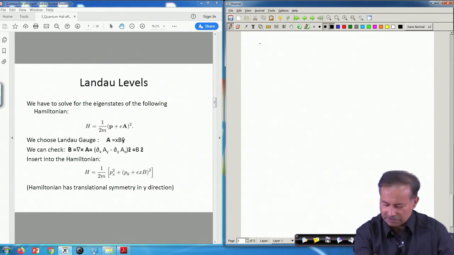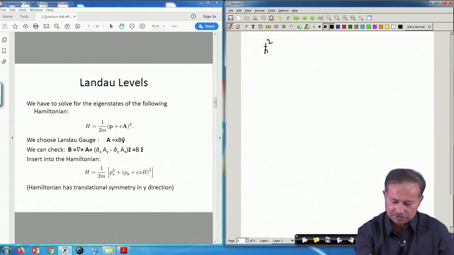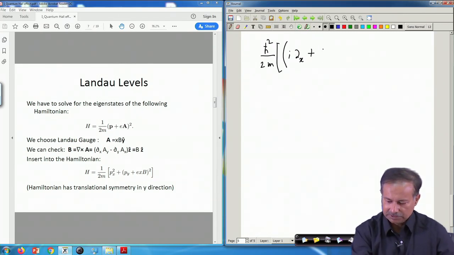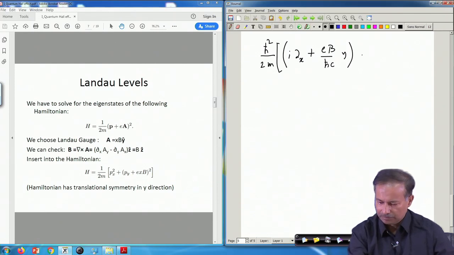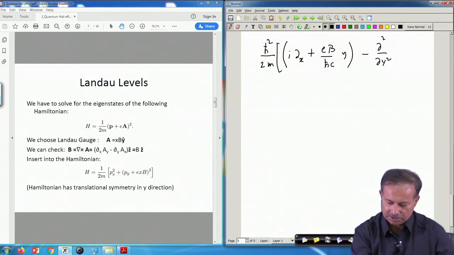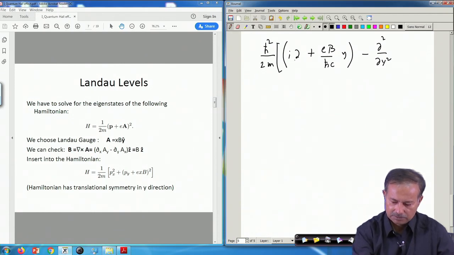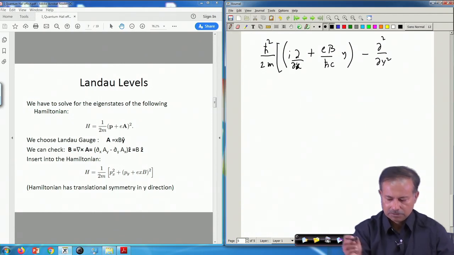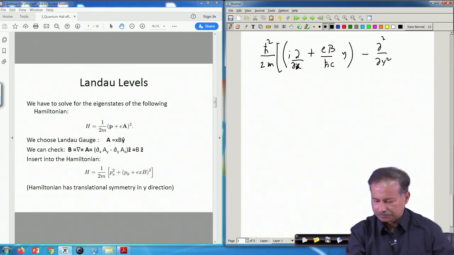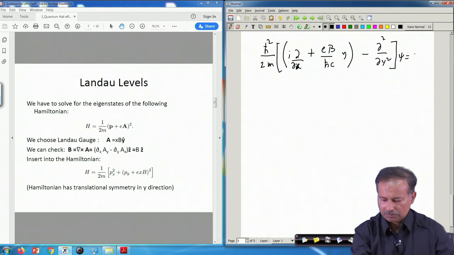So, let me just write down the result that you will get in the gauge that I have just informed. h cross squared by twice m into (i del x plus e B by h cross c into y) squared minus del squared by del y squared, times psi equal to E psi.